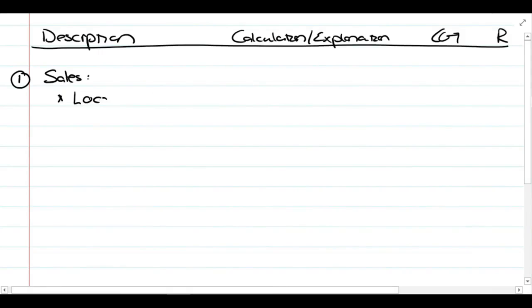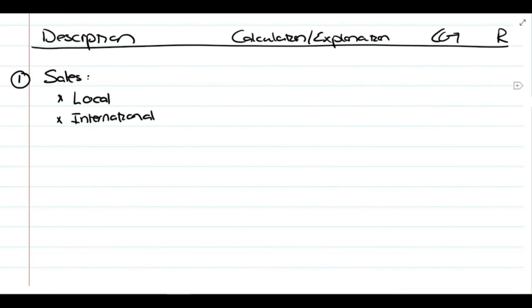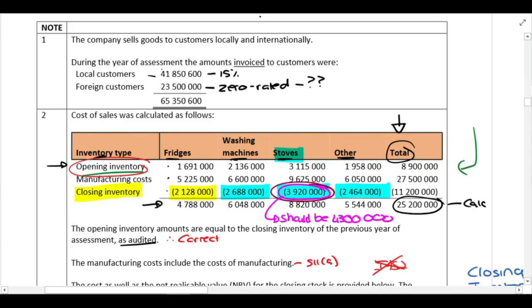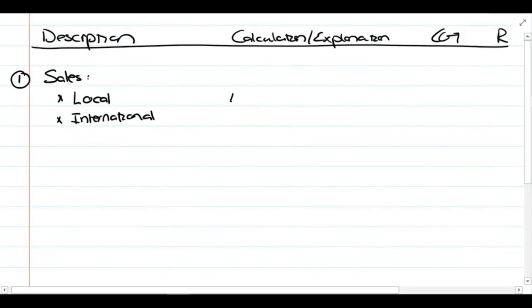So we had local sales and we had international or export sales. So local sales 41,850,600 is the invoiced amount. There's 15% VAT on that. So 41,850,600 times 100 over 115 is $36,391,826.